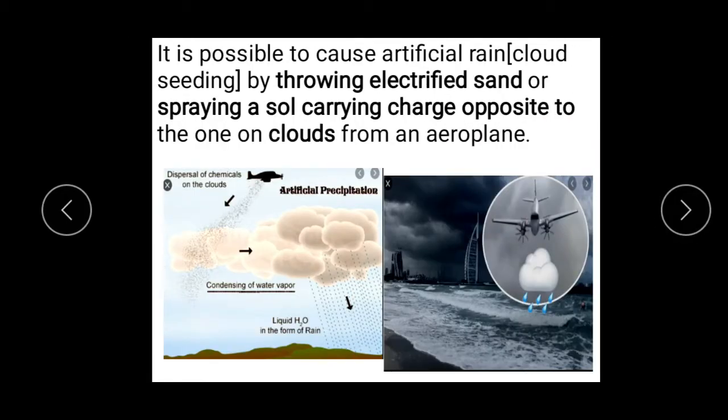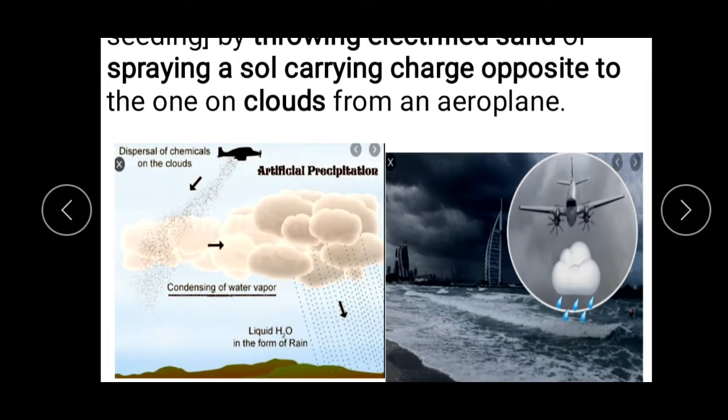Now another important thing to be noted, it is possible to cause artificial rain, which is known as cloud seeding, by throwing electrified sand or spraying a solution carrying charge opposite to the one on the clouds from an aeroplane. So this is done, you can see here.